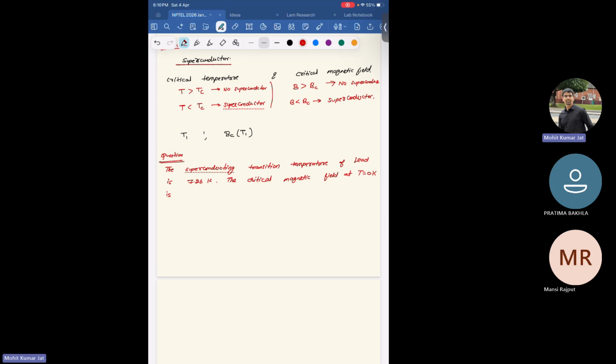Thermodynamically, you'd need enormously large power to go towards 0 Kelvin, and the entropy limits that. But this is the critical magnetic field given. If you take the curve, fit it and take it to 0 Kelvin, you get this number, maybe 64 into 10 power 3, and the question asks us to derive the critical magnetic field at 5 Kelvin.